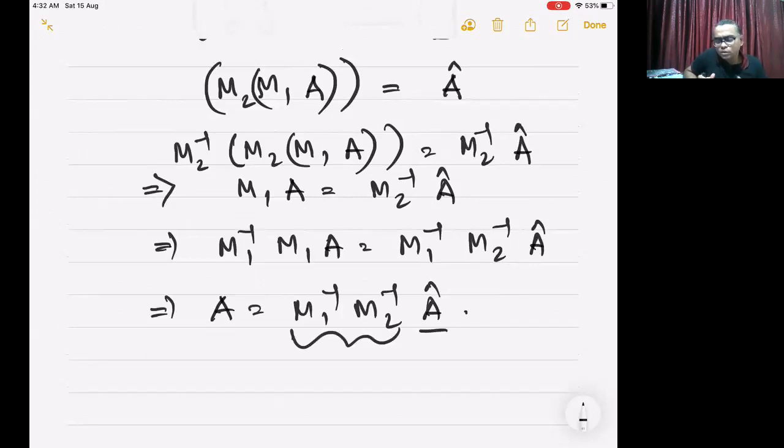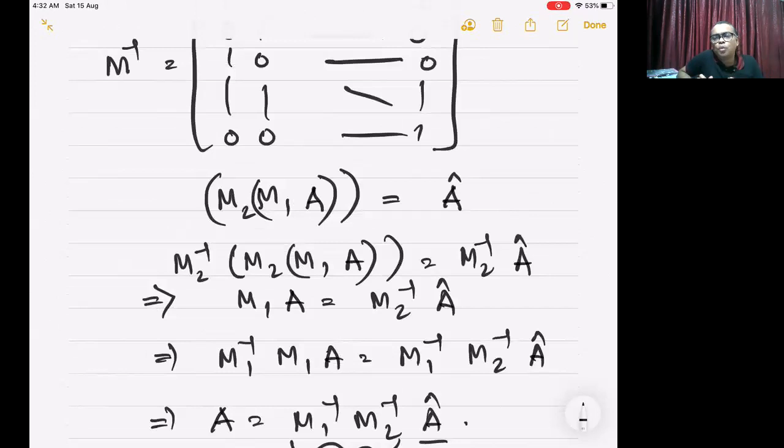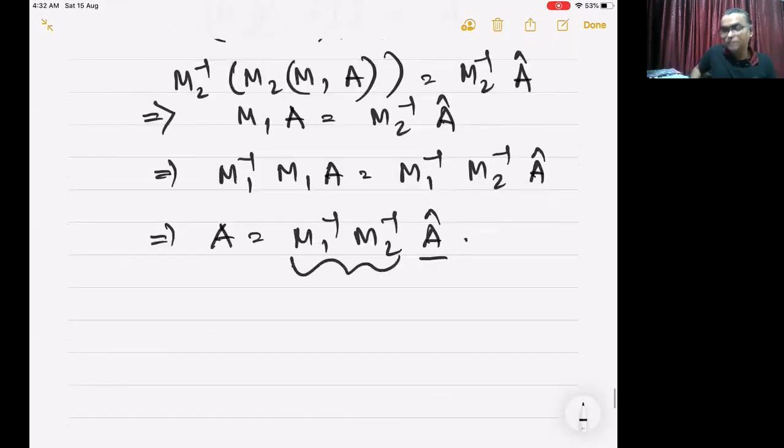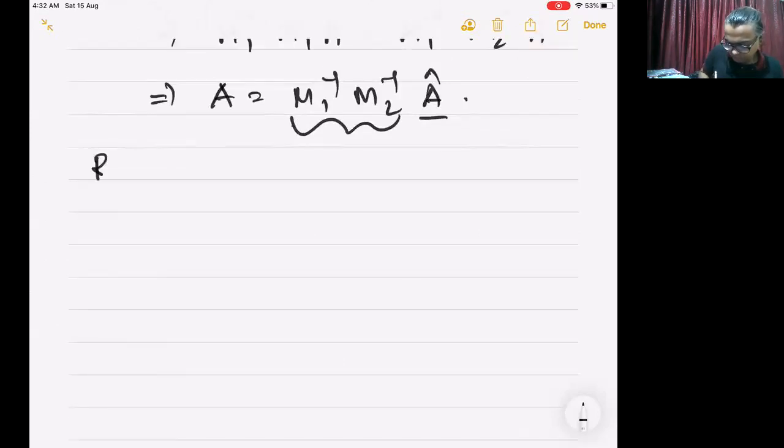It's invertible. We already know that the product of invertible matrices is also invertible, and that is what we are using here. All of these elementary row operations are invertible, so any finite product of them is also invertible. Therefore, it makes sense to define this particular thing, row equivalence.